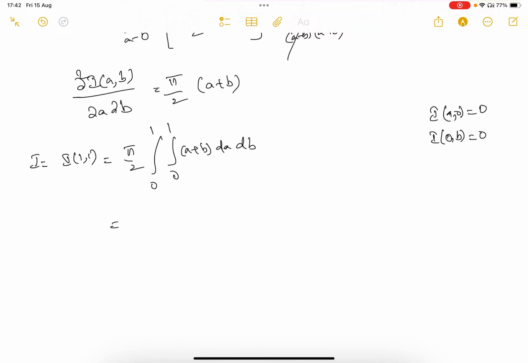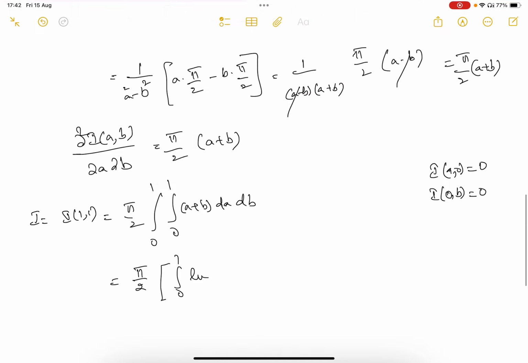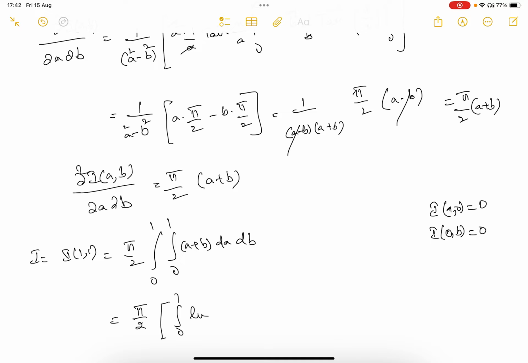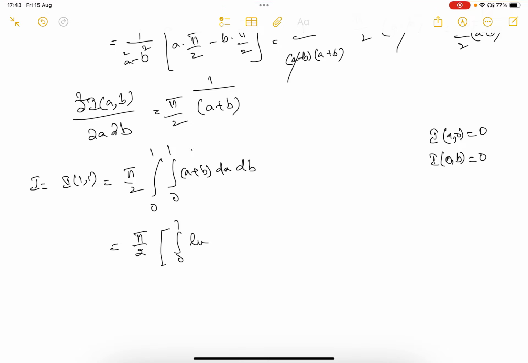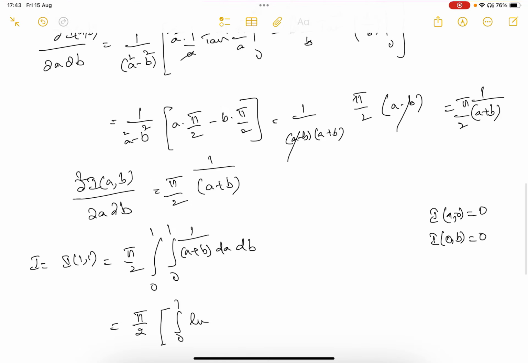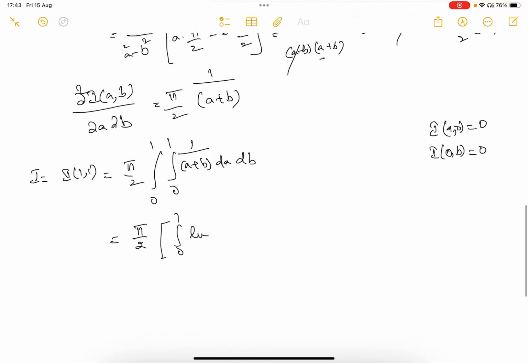Then pi by 2 into the integral, for the first case, with limits 0 to 1 for a. This is 1 by a plus b, it is in the denominator, not in the numerator.